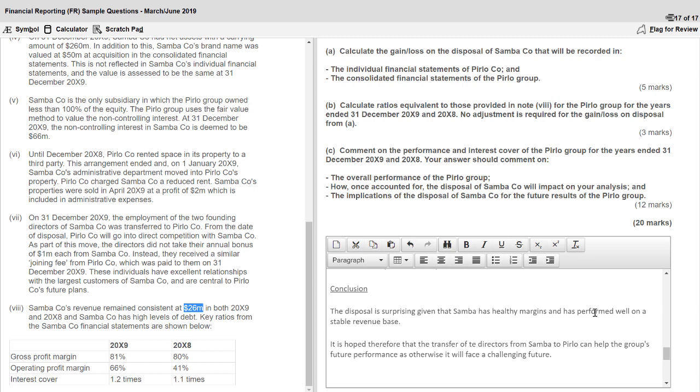I definitely do the easiest bits first. So that's the ratios. Once I've done the ratios, I then start thinking about the calculation of the gain and loss on disposal, because without that, I can't really answer part C. And then make sure that you give yourself enough time within part C, using the information from the question, using the headings, using the subheadings, and you can score well upon this question.